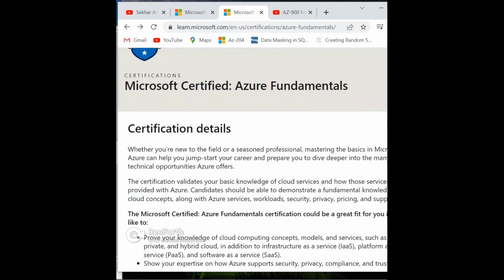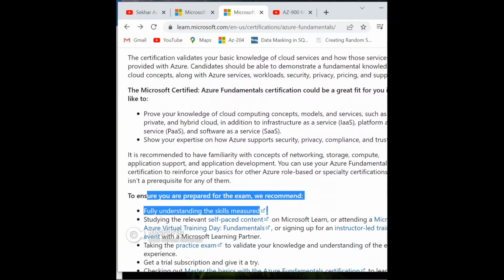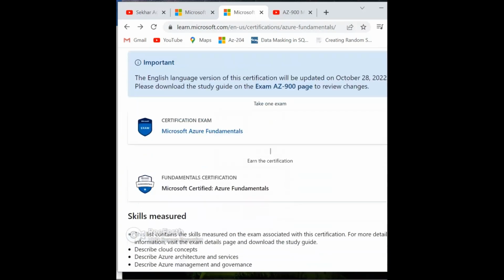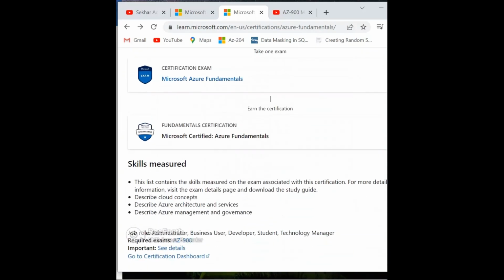And the next thing is, what skills are measured during the exam? When you see the skills, you will have describe cloud concepts.